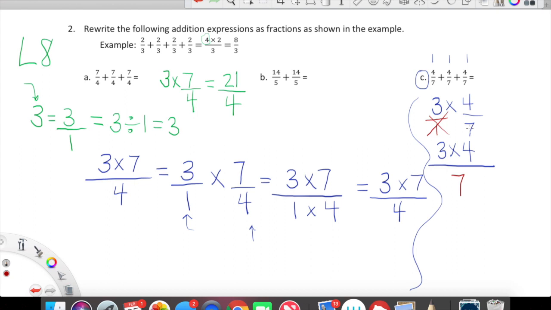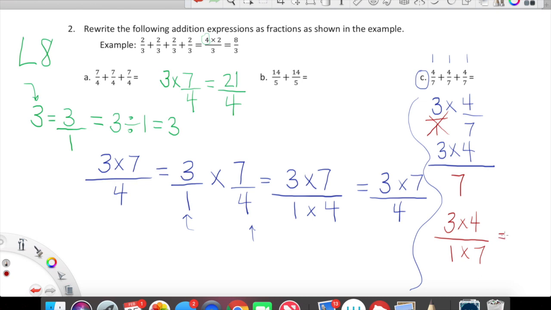If you wanted to, you guys, I'm sorry if I said numerator, I meant to say denominator. This is that denominator, the downstairs number. We can write it as 7, or if you wanted that 1 there, you could also write it as 1 times 7.